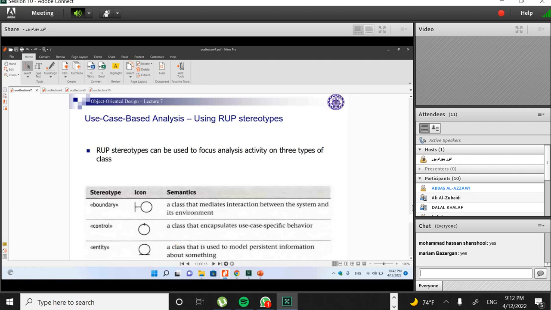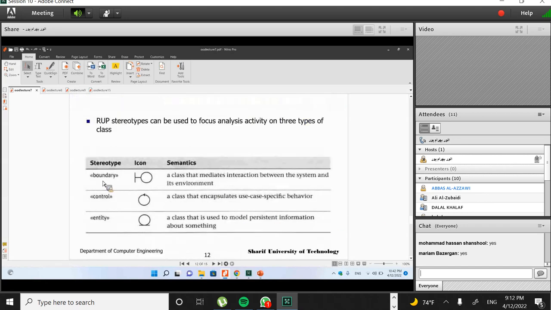There are many types of classes in the RUP methodology. The first category of classes consists of boundary classes. What are the boundary classes?